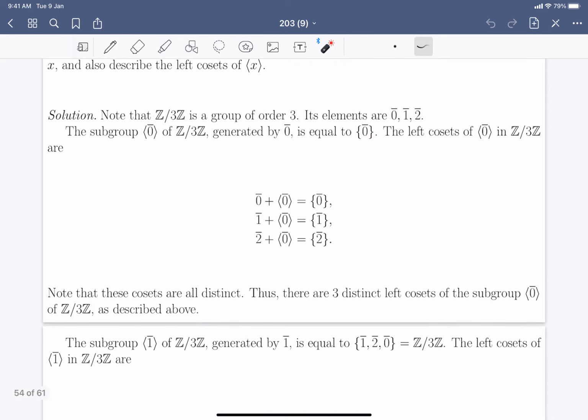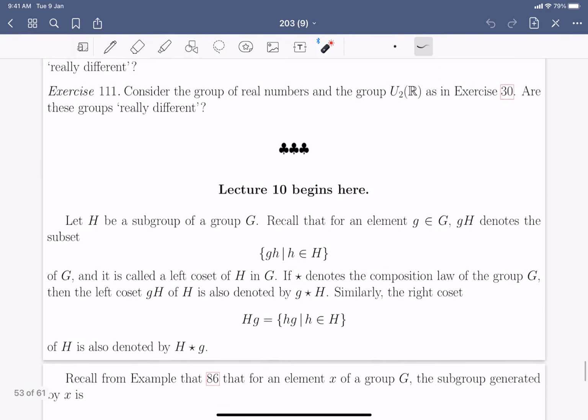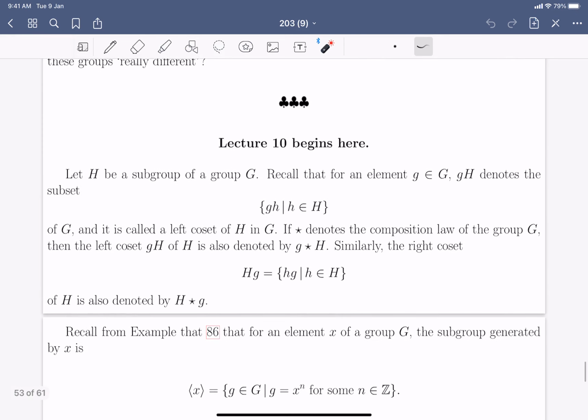Then if you look at the left cosets of this subgroup inside Z mod 3Z, what are they? If you go back to the very first page, the left coset corresponding to an element little g is little g times H, that is, little g composed with h, which is little g plus h in the context of Z mod 3Z.